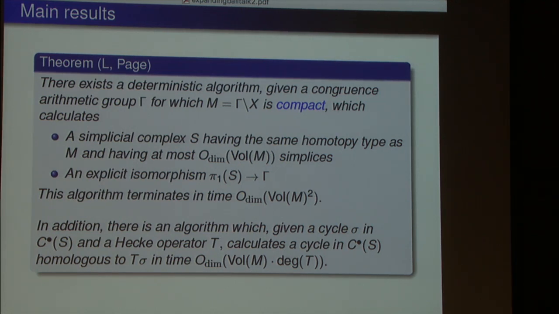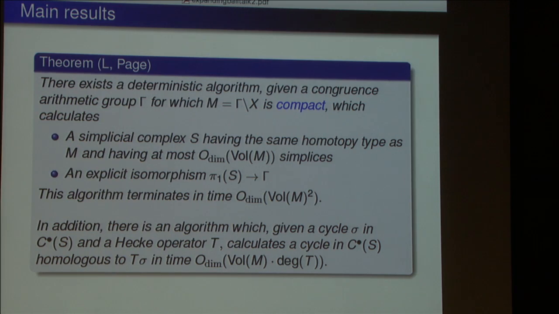In principle we can compute the actions of Hecke operators on this complex, and we can bound the amount of time it takes for this computation to terminate on a computer.